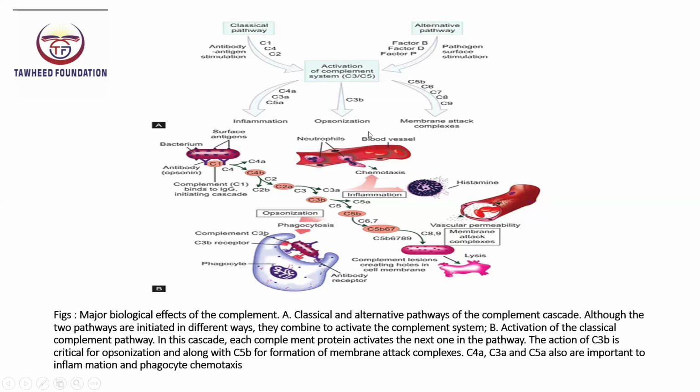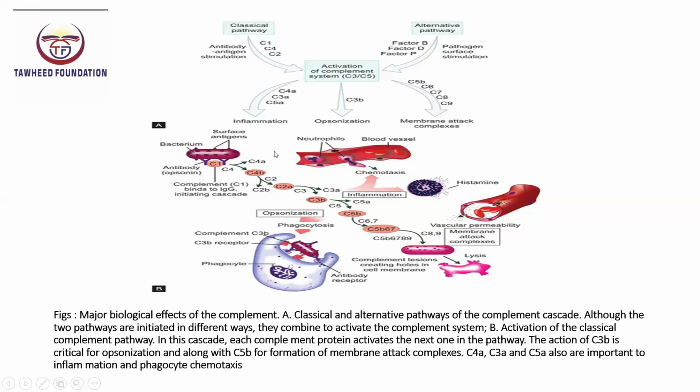Opsonization tags these pathogens, making them more attractive targets for immune cells like macrophages and neutrophils. Third, small complement fragments act as inflammatory mediators to recruit and activate immune cells, amplifying the immune response.